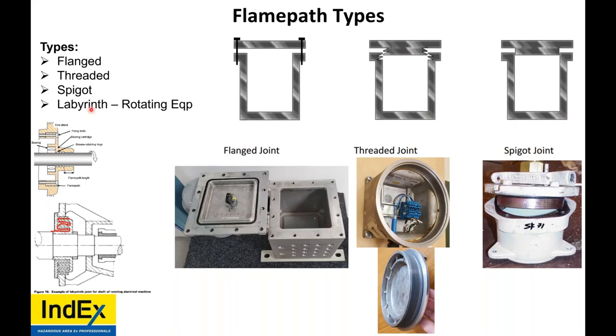Now, for labyrinth rotating equipment, you have to concern yourself with a rotating shaft. So if you look here, where I've drawn in red, a labyrinth is like a maze. It slows down the explosive gas so that it sufficiently cools. And once again, it is a very small gap where particulate, such as arcs and sparks, cannot go through.